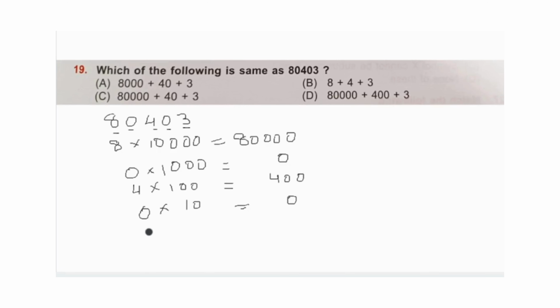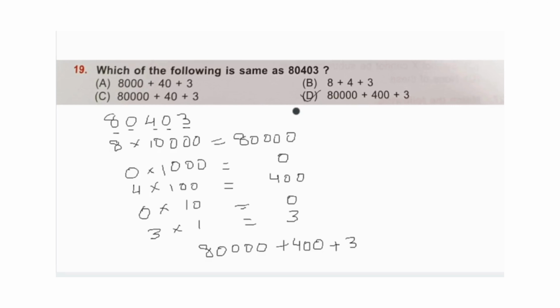Finally, in the units place we have 3. So 3 multiplied by 1 is 3. Now let's write the expanded form together by adding: 80,000 plus, we can omit the 0 and write 400 plus, omit the 0 and write 3. Based on this, the correct option is option D.